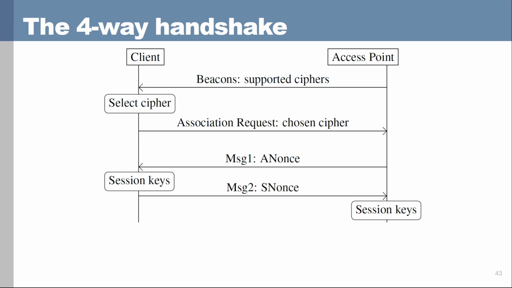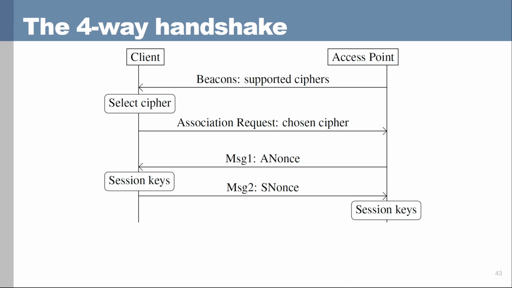So these random nonces are used to prevent replay attacks, and they are used to assure that fresh session keys are negotiated. So here we have the access point nonce, the A nonce, and we have the supplicant nonce, also the client nonce, which is the S nonce. Once they both have received these nonces, they can derive the session keys.